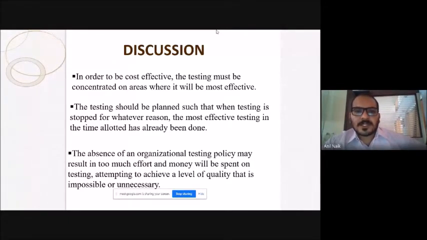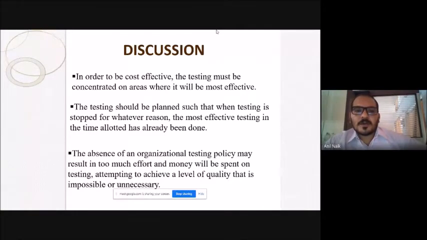The testing should be planned such that when testing is stopped for whatever reason, the most effective testing in the time allotted has already been done.